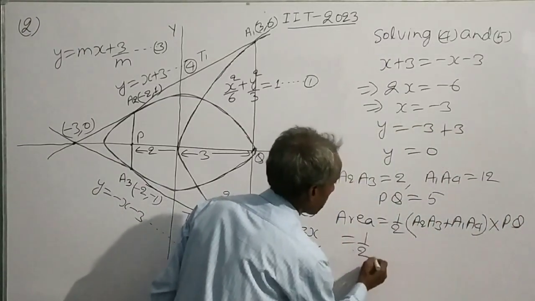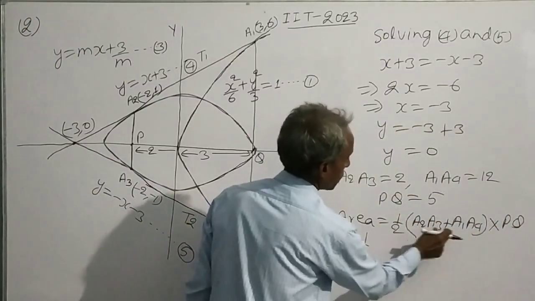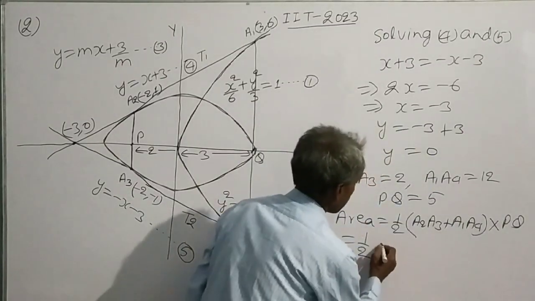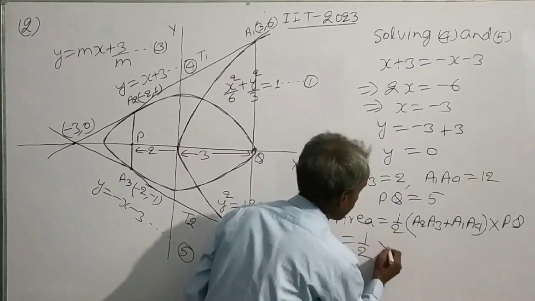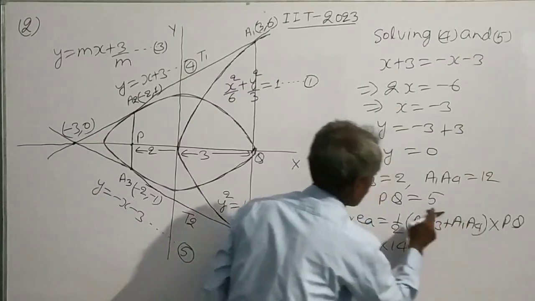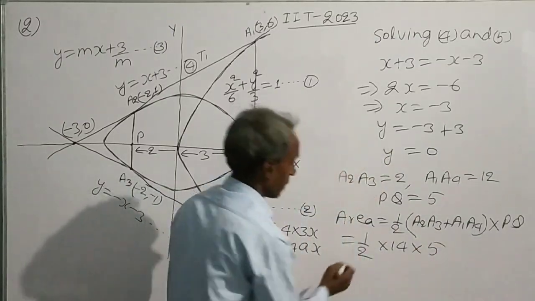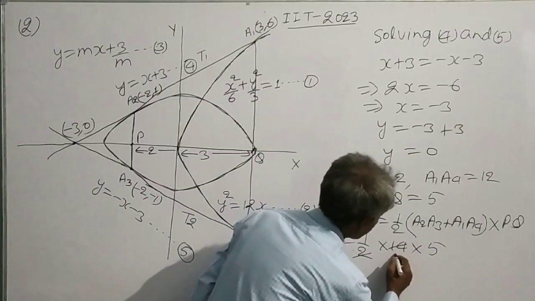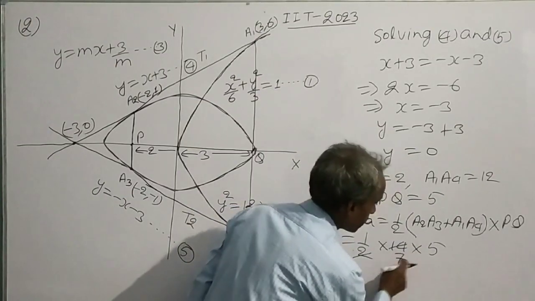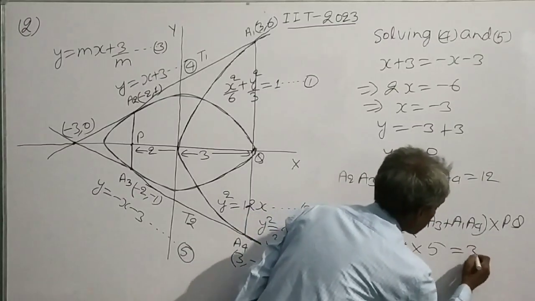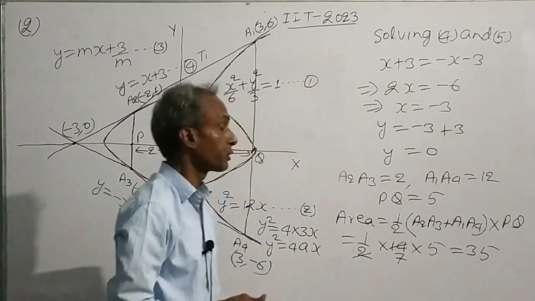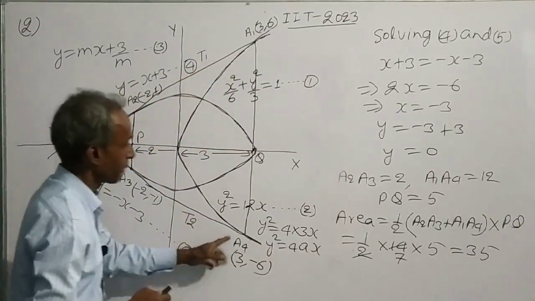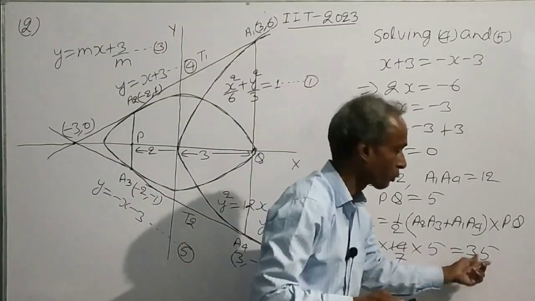That is 1 by 2 times 2 plus 12, 14, times PQ 5. 2 will divide 14 and we get 7 times 5, which is 35 square units. Area of this quadrilateral A1, A2, A3, A4 will be 35 square units.